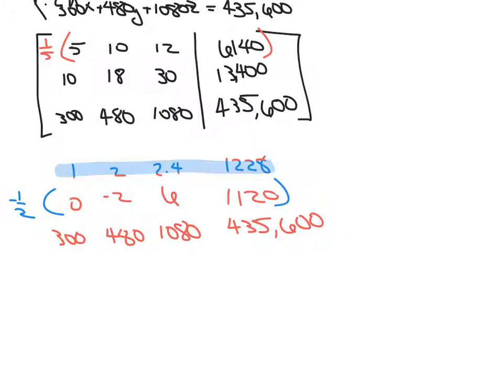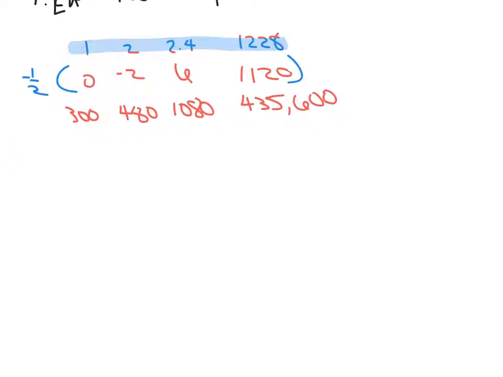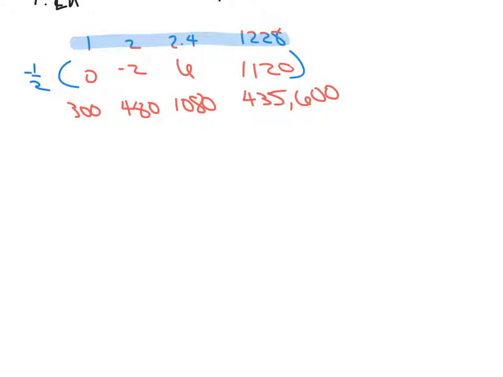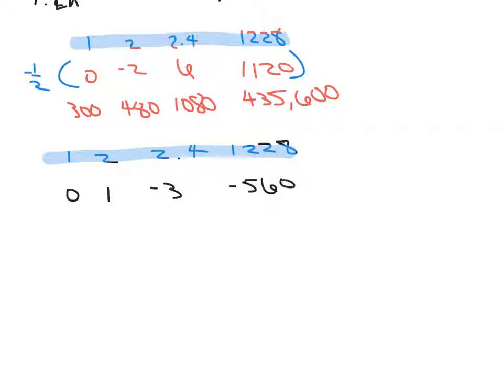Okay, so once we do that, we will have, again, our 1, 2, 2.4, 1, 2, 2, 8, which again is locked. And then we take our 1/2 times 0, and this becomes a 1, this becomes a -3, and this becomes a -560.